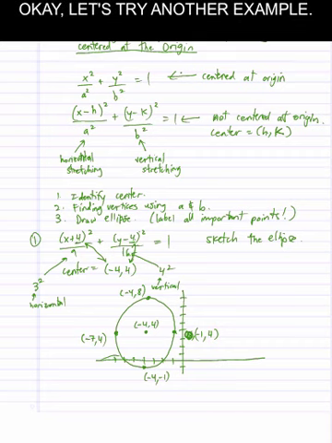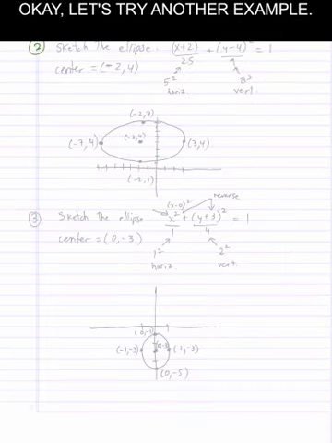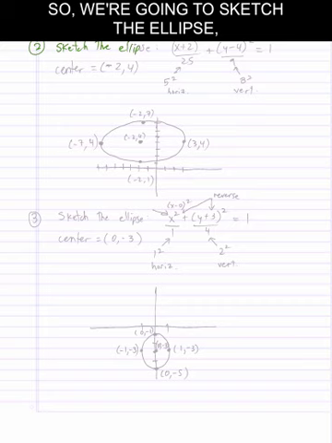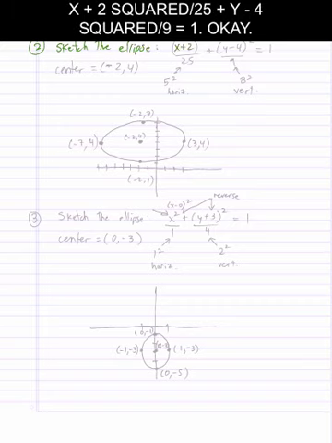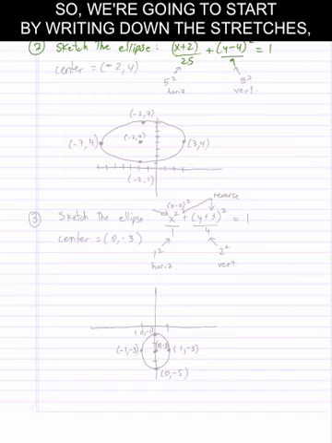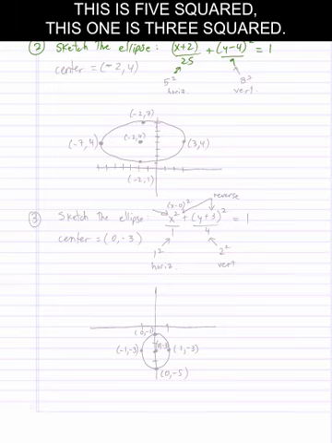Okay, let's try another example. So we're going to sketch the ellipse (x plus 2) squared over 25 plus (y minus 4) squared over 9 equals 1. Okay. So we're going to start by writing down the stretches.